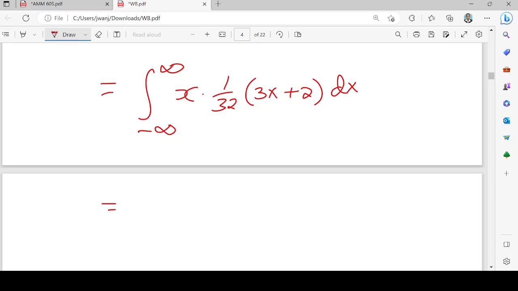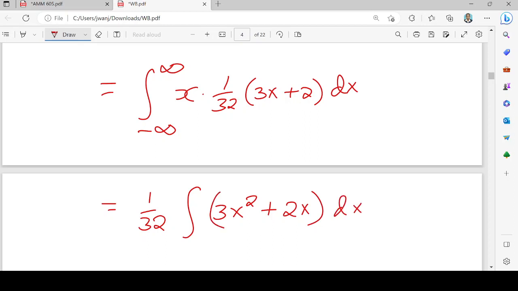This will give us 1 over 32, which is a constant, times the integral of 3x squared plus 2x dx.